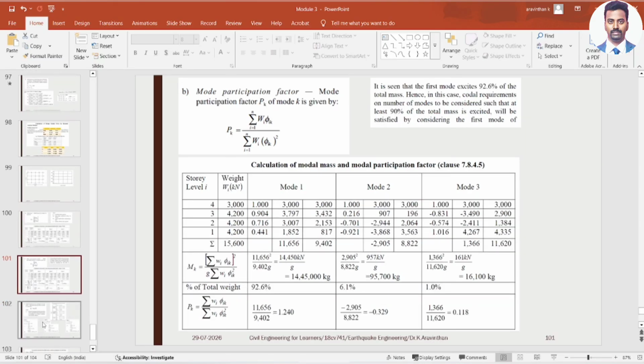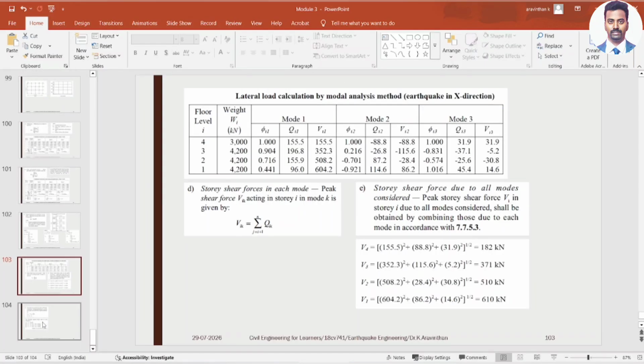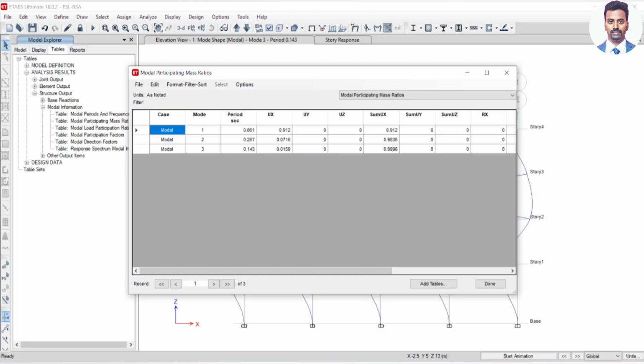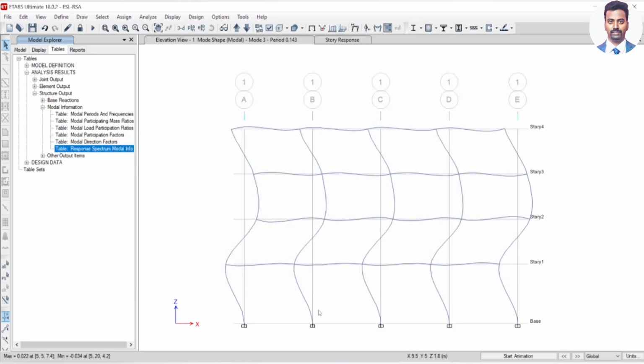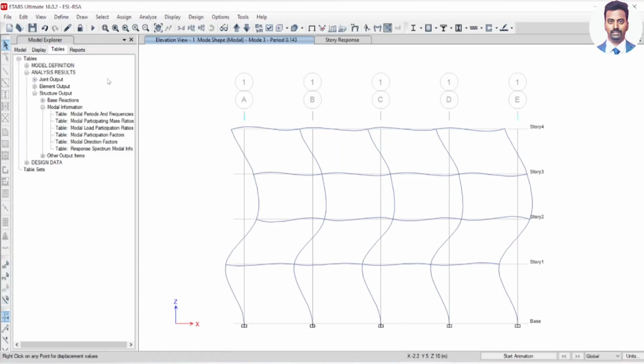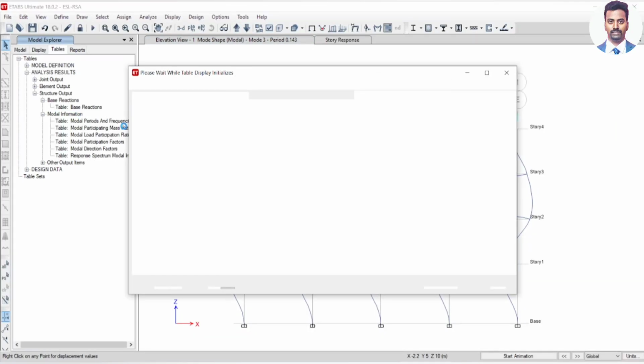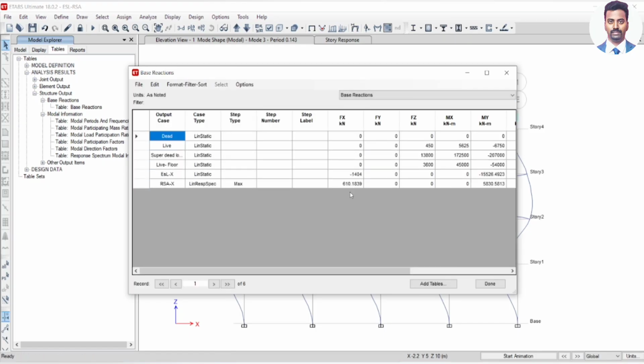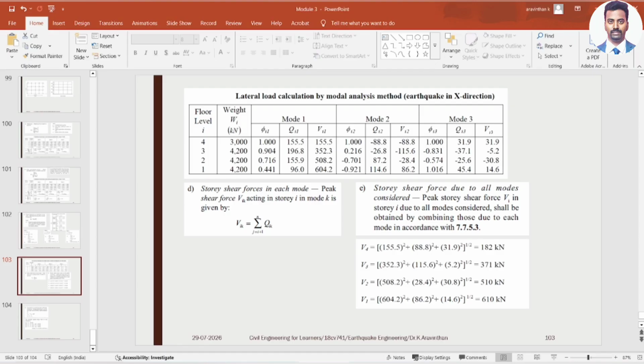So this is the modal mass participation factor. Now the final value of base shear is 610 kilonewton. In base reaction, we can see total base reaction is nearly 610.18, and we got 610 here.